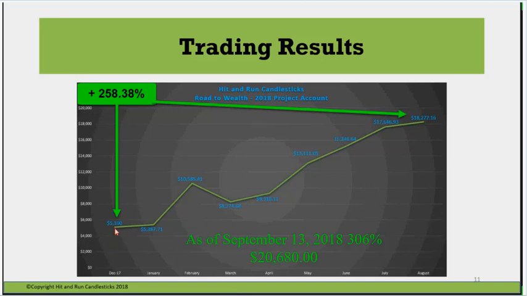And I started the account with $5,100. The account at the last statement, which was last month, August, I guess, was $18,277 or 258%. Trading the exact same chart patterns we're talking about right now.